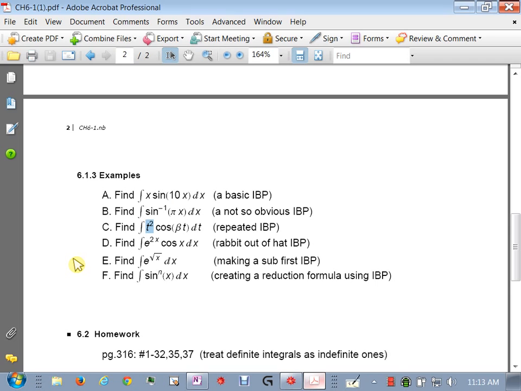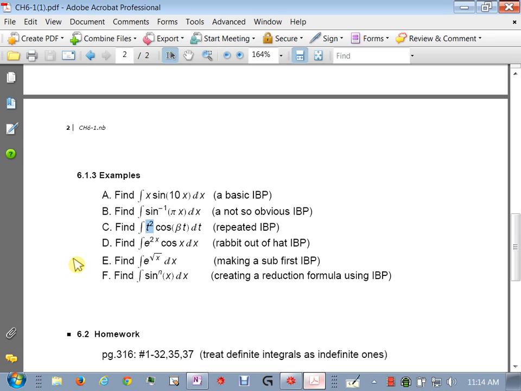Because in the new integral, it went from t squared to 2t, right? And then we did integration by parts again, and that 2t went down to 1 or 2, right? So we tried to get the integration by parts to kill off one of them, right? And if it's a polynomial, like x or t squared, we know that if we do integration by parts enough, one of them will go away, right?